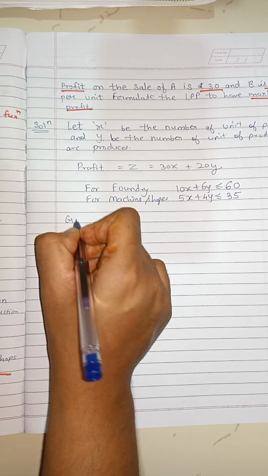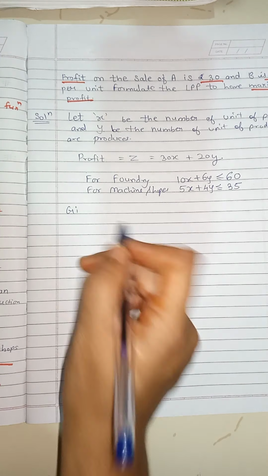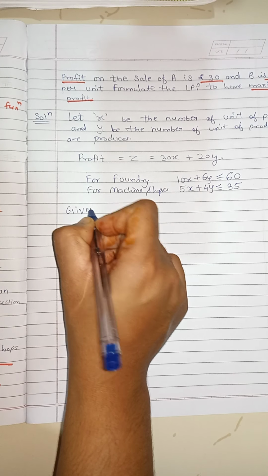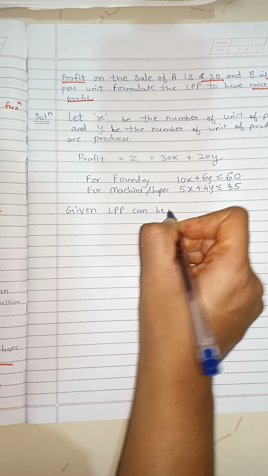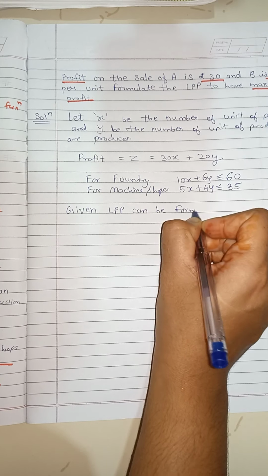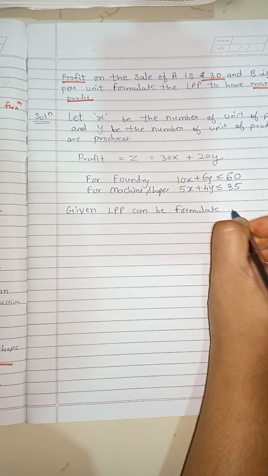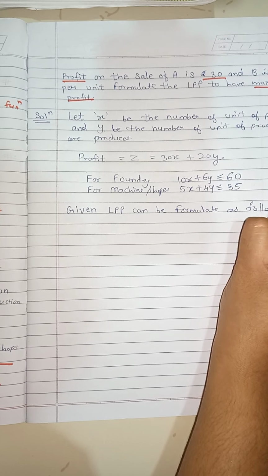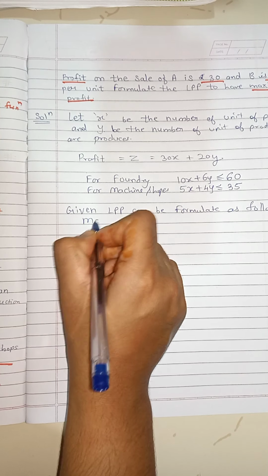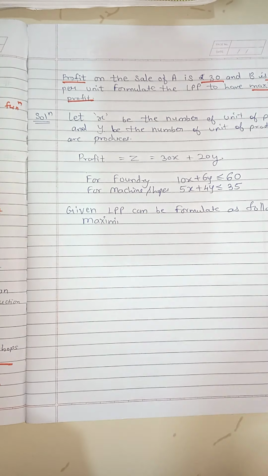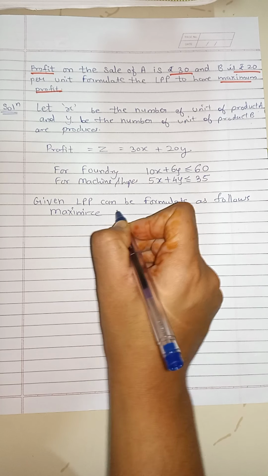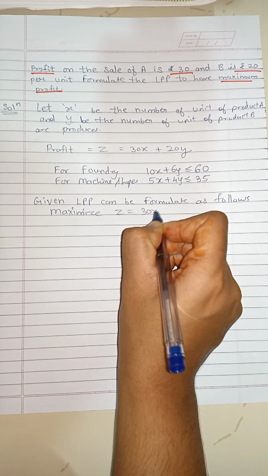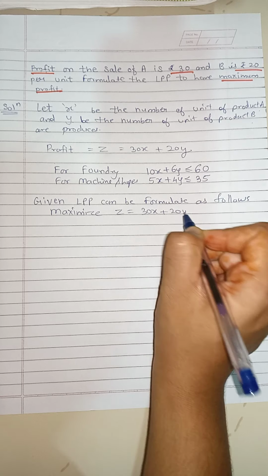So writing the given LPP is most important. The given LPP can be formulated as follows. First, maximize Z = 30x + 20y.